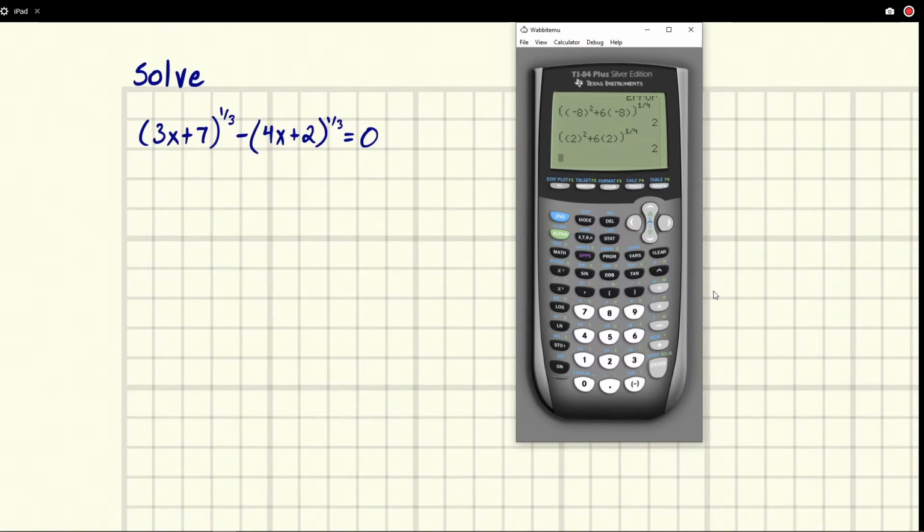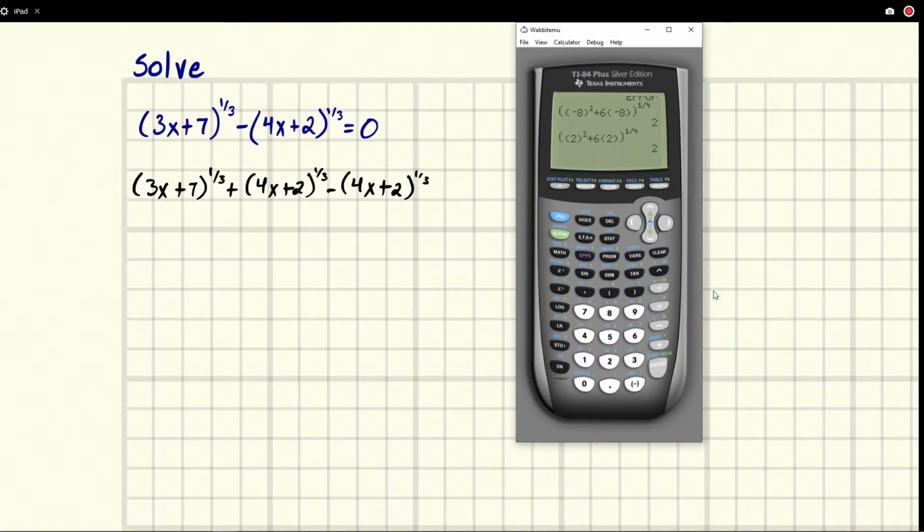So we're going to get 3x plus 7 to the 1/3 plus 4x plus 2 to the 1/3 minus 4x plus 2 to the 1/3. I'll move this calculator out of the way. We don't need it.